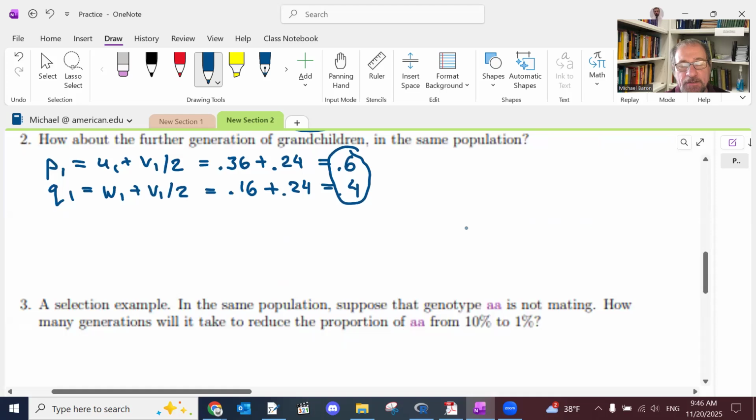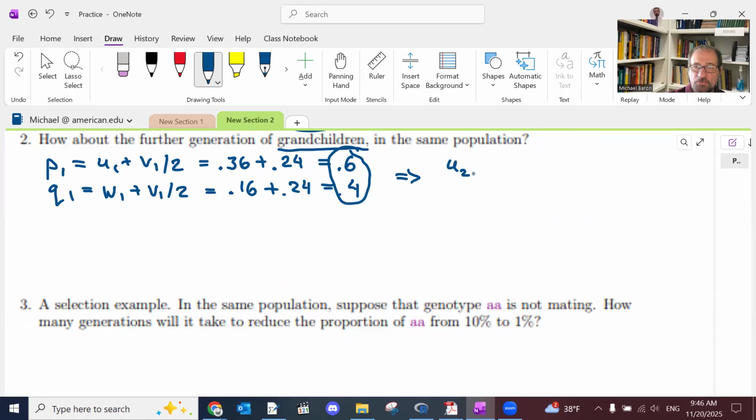That's the Hardy-Weinberg law. And therefore, in the population of grandchildren, U2 will be 0.36, V2 will be 0.48, and W2 will be 0.16 again.